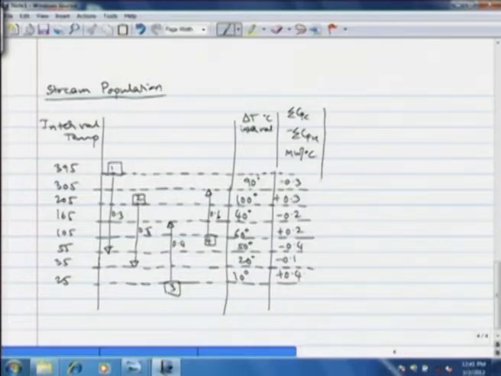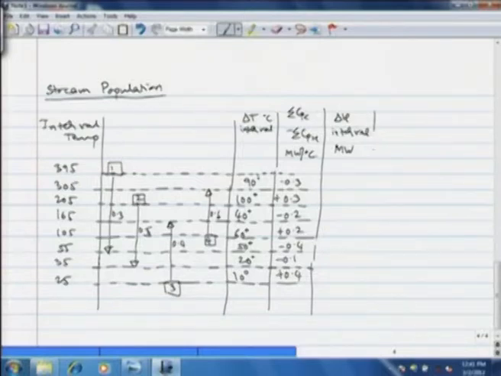Now we have to calculate the delta H in the interval, that is in megawatt, and it can be obtained by multiplication of delta T interval to summation CPC minus summation CPH. Okay.